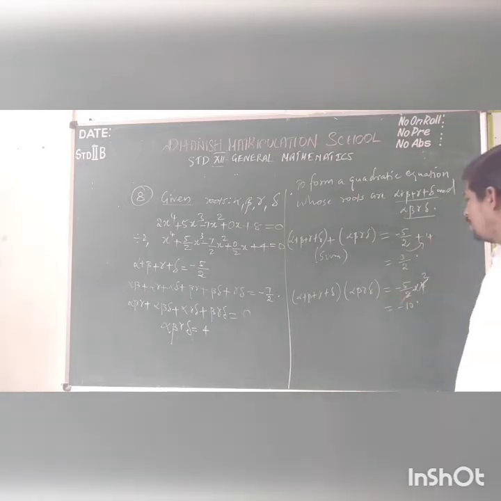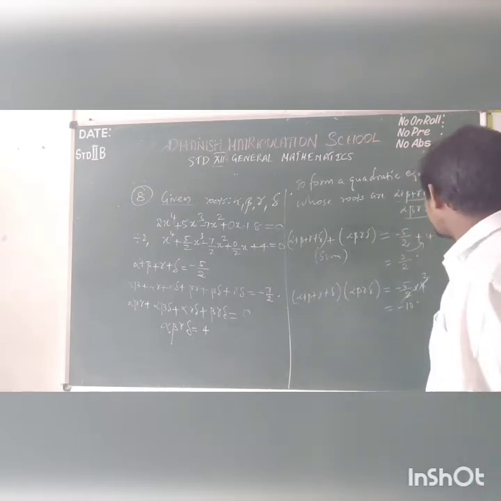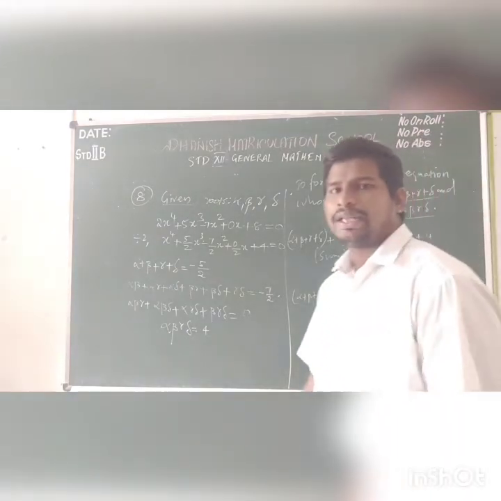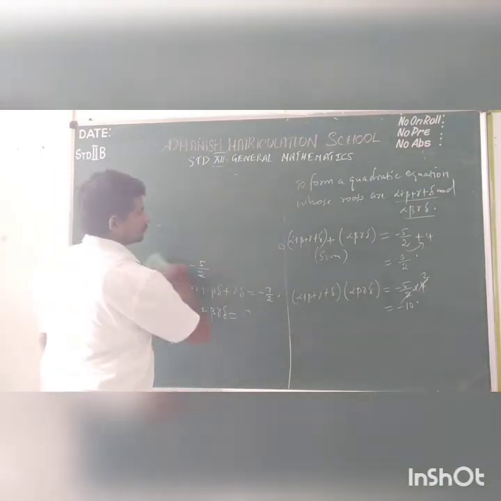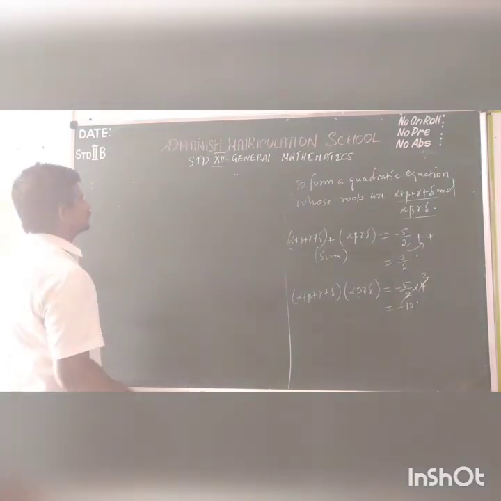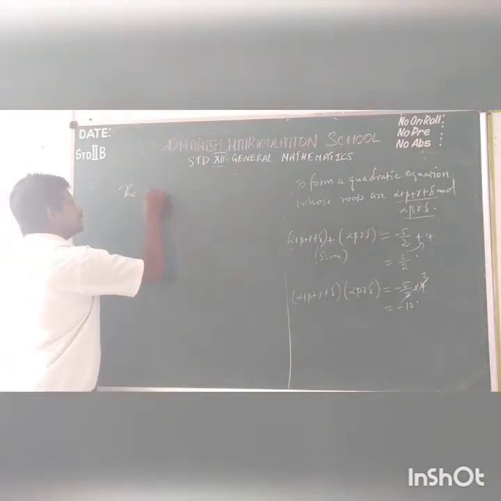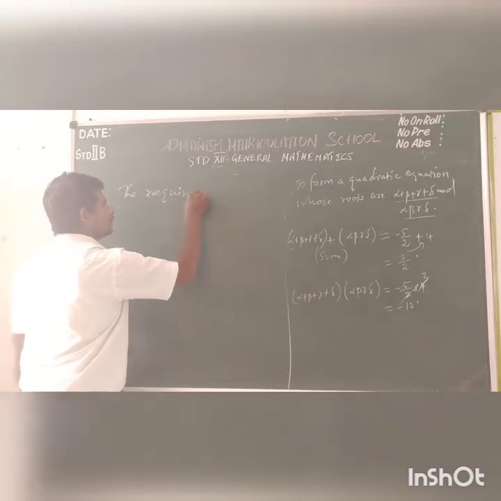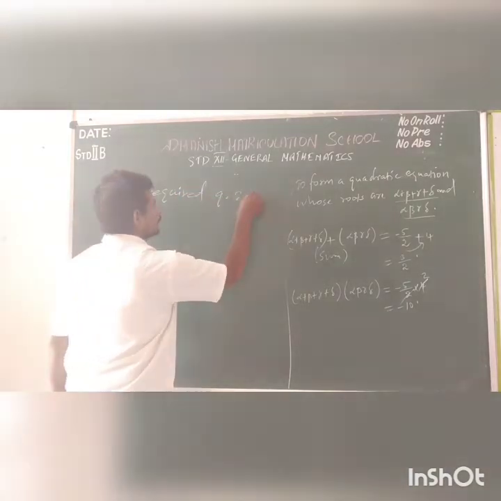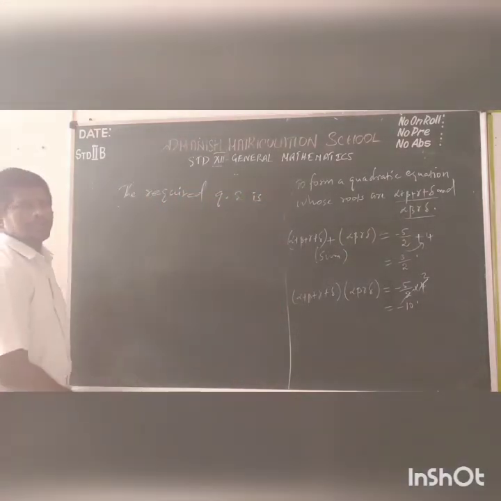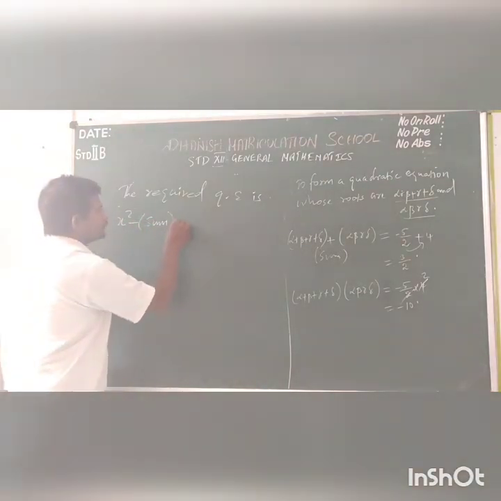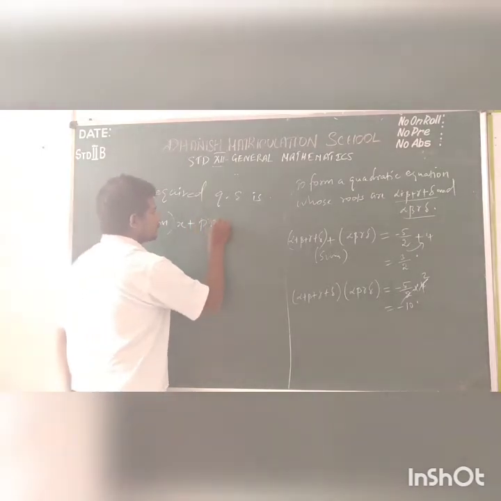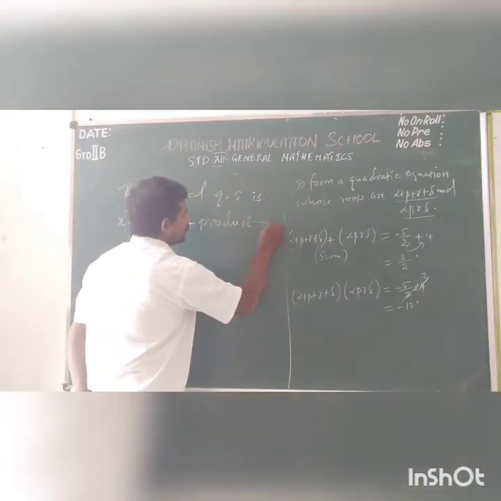We got our product of the roots as minus 10. Now I am going to write a quadratic equation. The required quadratic equation is x square minus sum of roots into x plus product equal to 0.